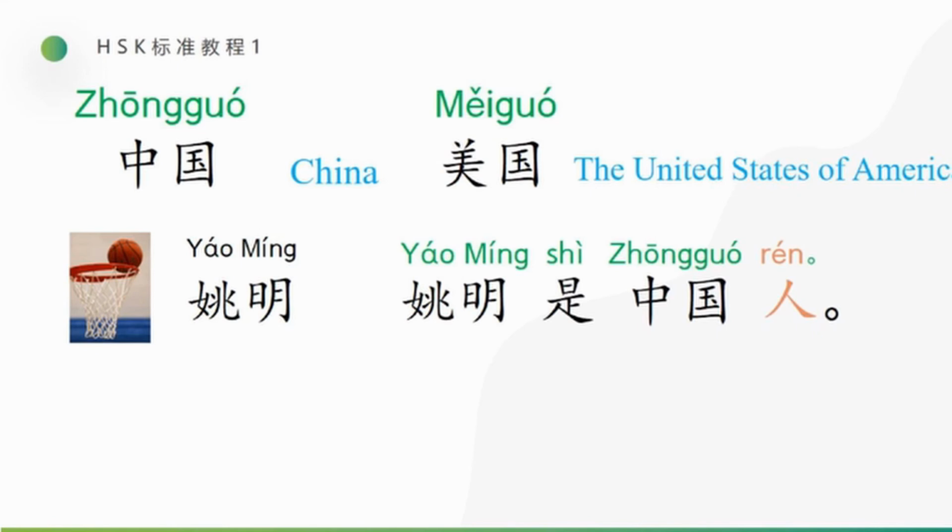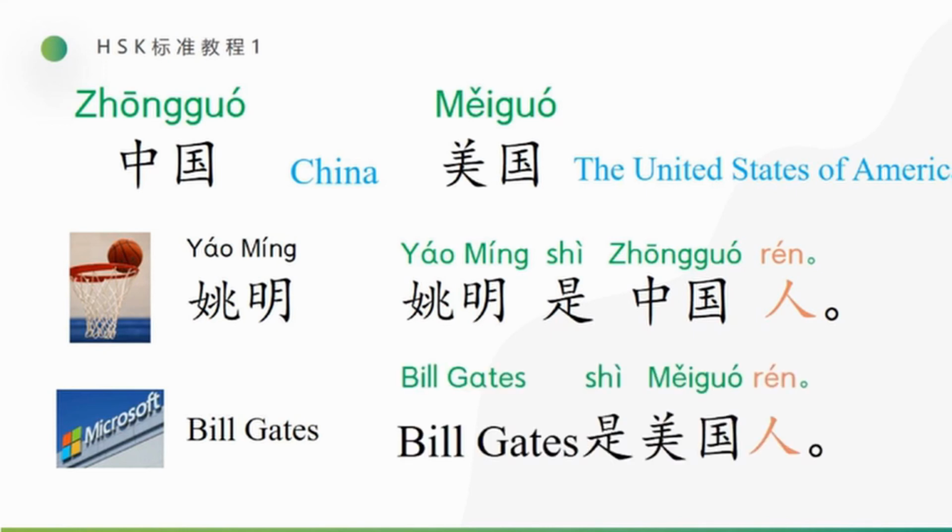So we can say 姚明是中国人. Do you know him? Bill Gates. 好，姚明是中国人。So how to say this? Can you make a sentence? Bill Gates 是 how to say? 怎么说？We can say Bill Gates 是美国人。Very good.